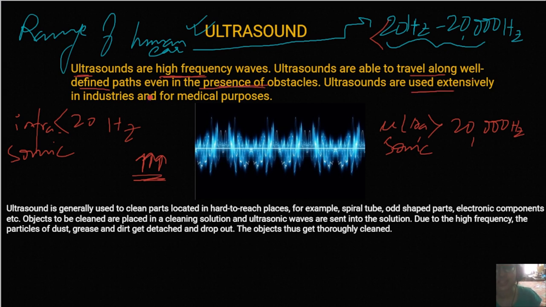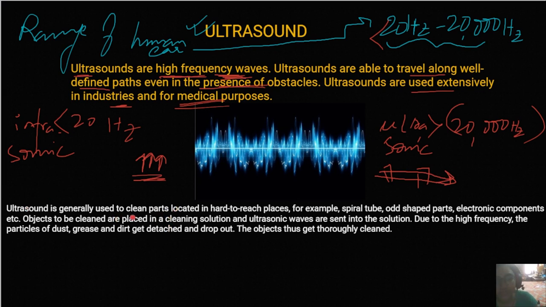They are used extensively in industries and for medical purposes. So not only do they produce a vibration of a huge magnitude, they are also able to travel along well-defined paths. It does not matter if there are obstacles like walls present, it can penetrate through them. Why? Because it has a huge frequency, more than 20,000 hertz, like 40, 50, 60 even. So that is a huge number. So it can penetrate through any obstacle.